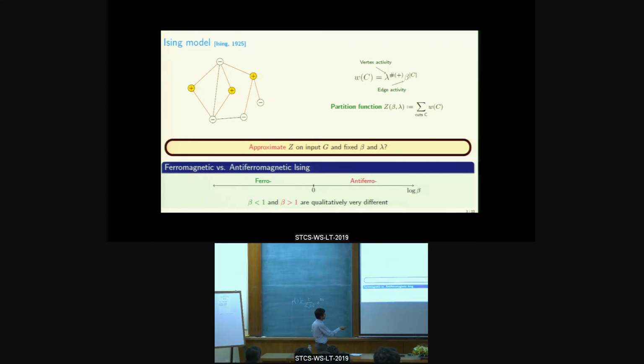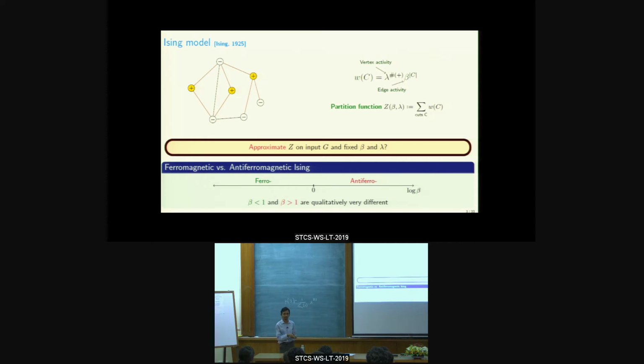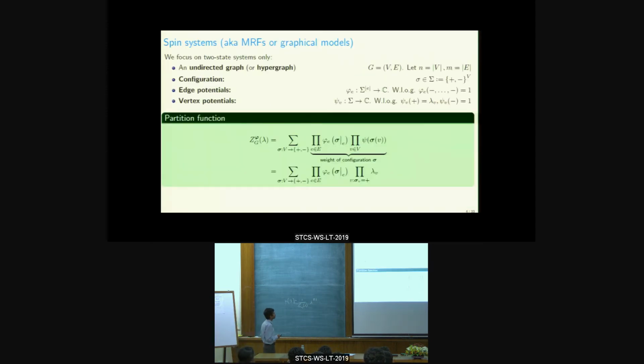This side where you favor agreement is called ferromagnetic. The name comes from physics. This is how ferromagnets, a material like iron, are supposed to behave. And this is not so physical. This is called anti-ferromagnetic. Here you favor disagreement. This is not motivated from magnetism, but comes from the same. We'll see some of the differences between these two things later.